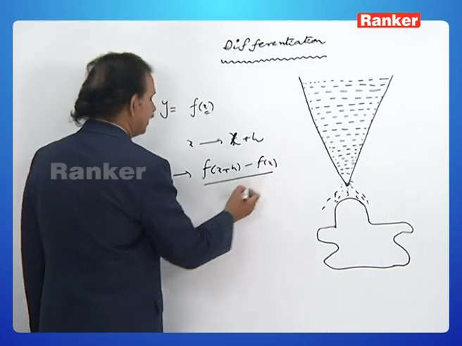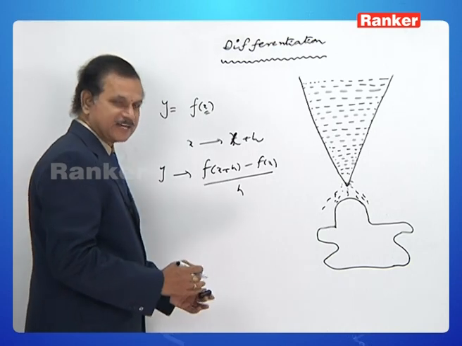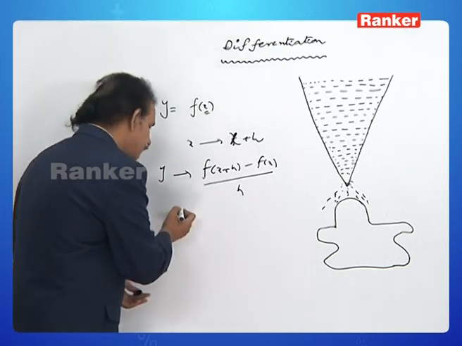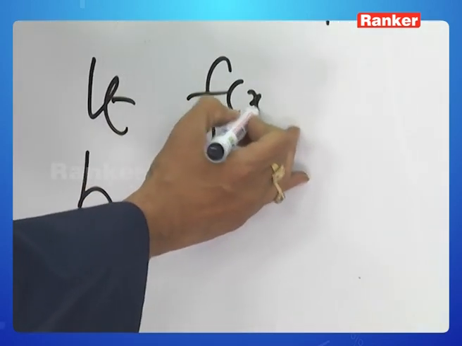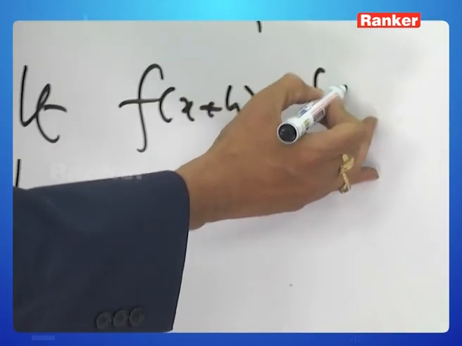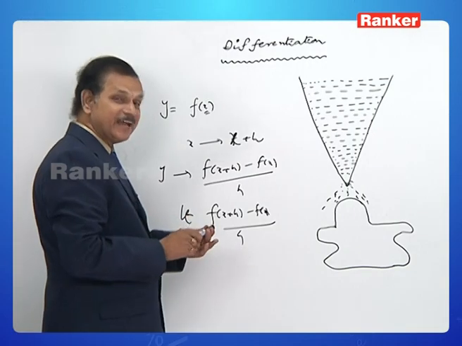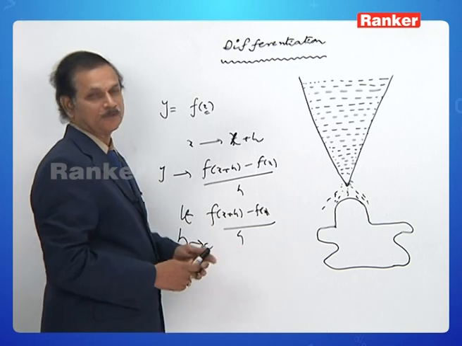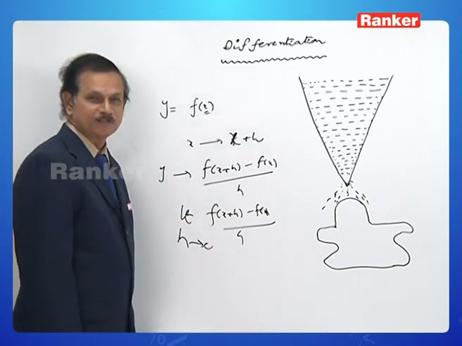Change in y by change in x. For the sake of perfect measurement, if you take the limit as h tends to 0 of f of x plus h minus f of x by h, this is of course called the derivative of f with respect to x.